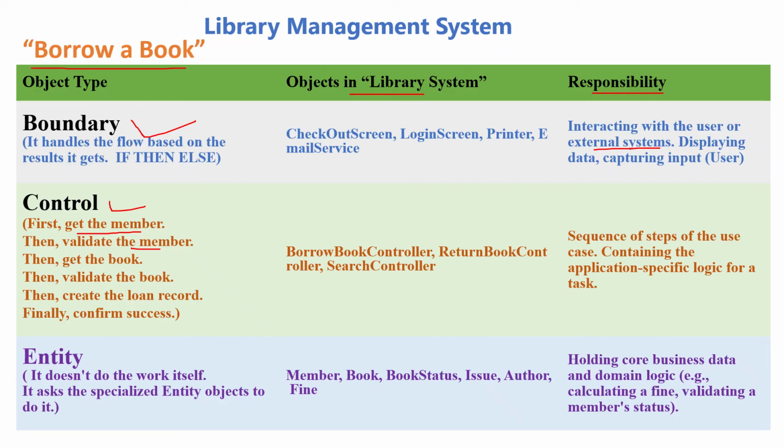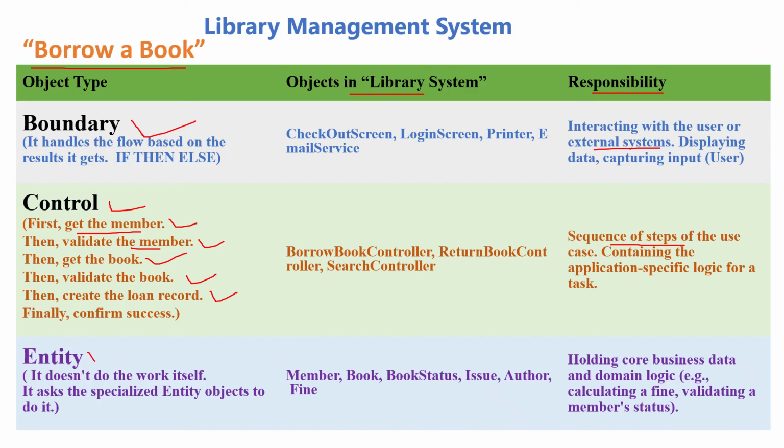What is the responsibility the control object handles? A sequence of steps is involved. First it gets the member, validates the member, gets the book, validates the book, and finally issues the book. So a set of sequential steps is involved in order to control the objects.